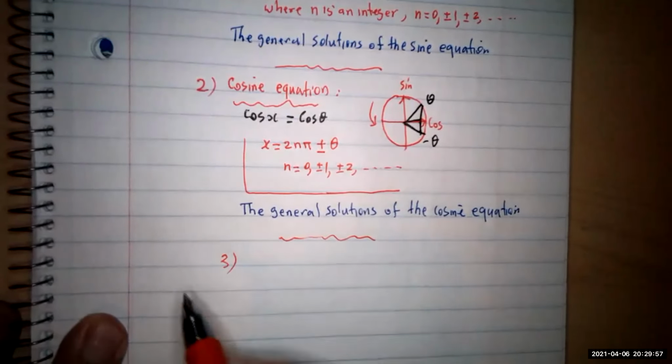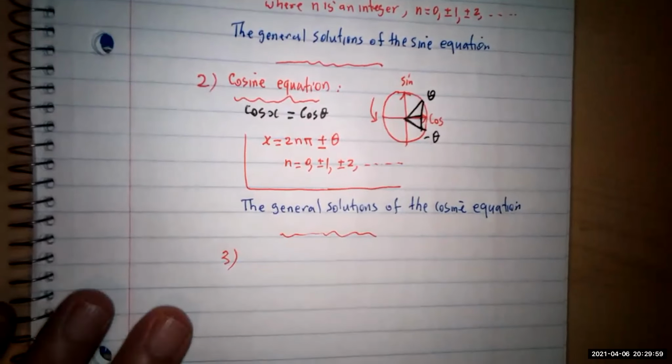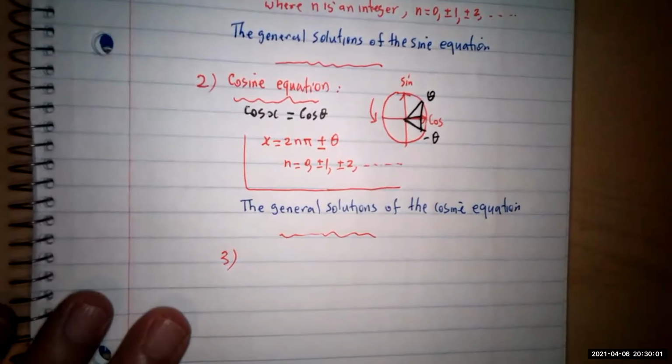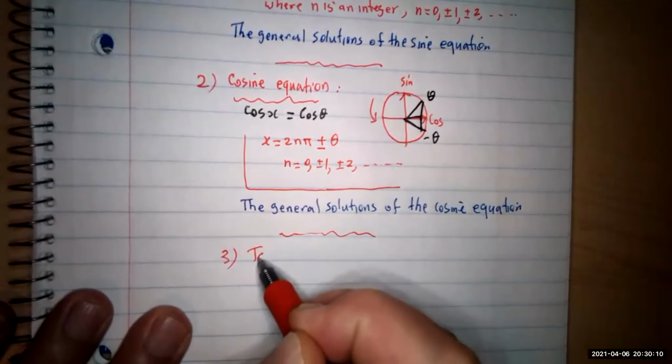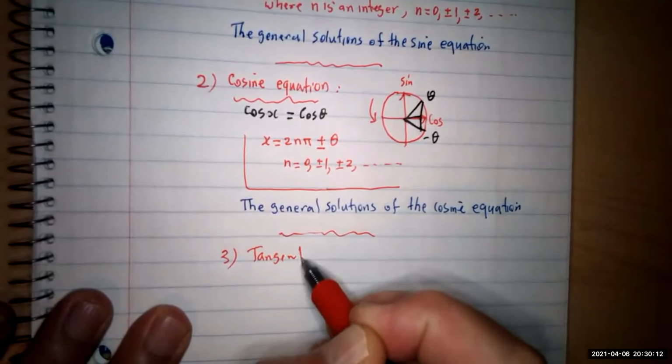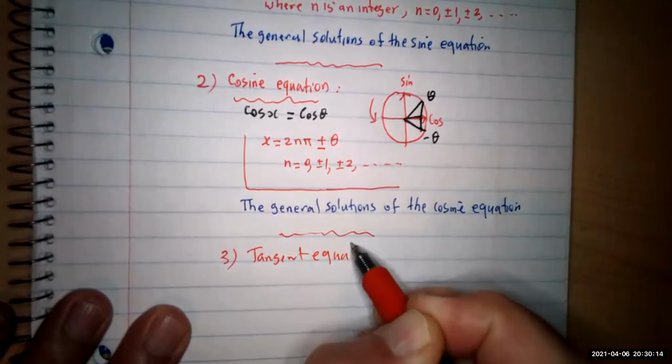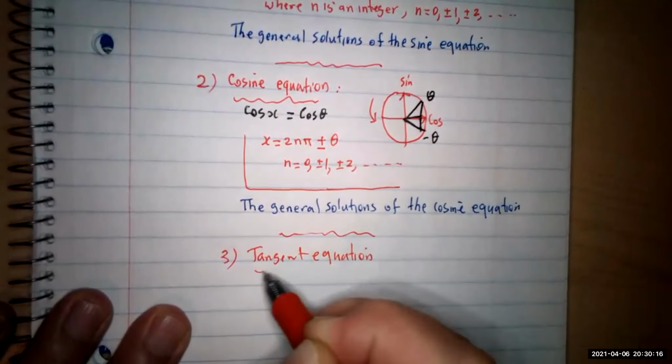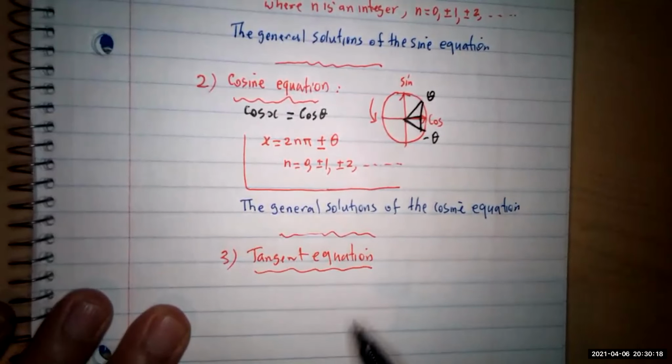Tangent is very popular. It's very easy to work with tangent. That's why they like it. So what is going to be the tangent equation? In the case of the tangent equation, we start with this equation.